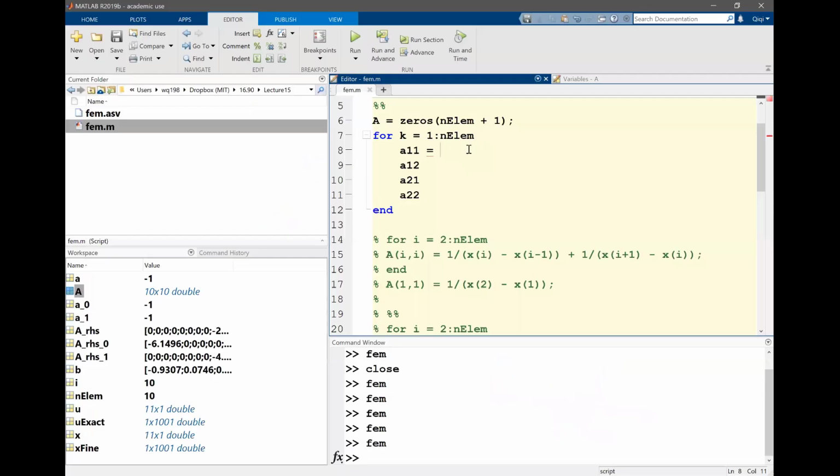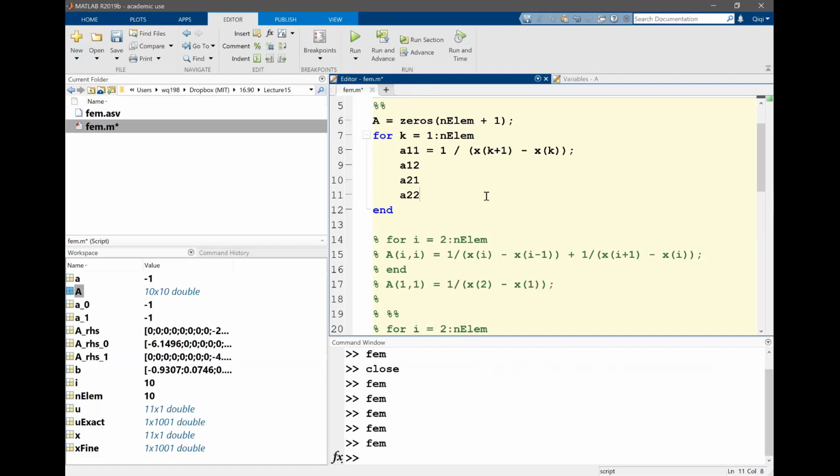And if you plug in the math, a11 is actually equal to 1 over x_{k+1} minus x_k. All right? So that's what a11 is. It's just the integral of the square of the left derivative over the domain.